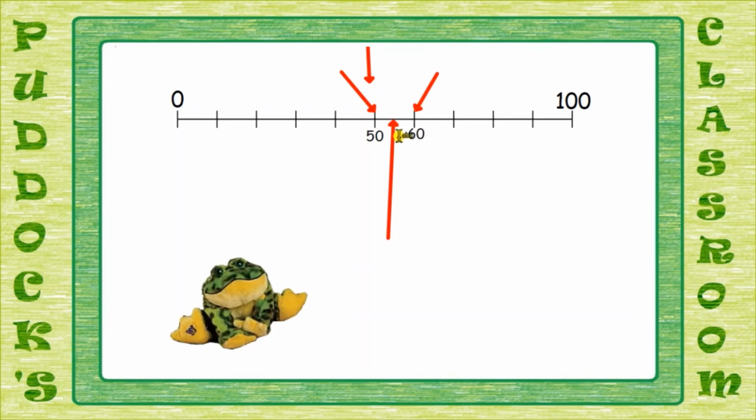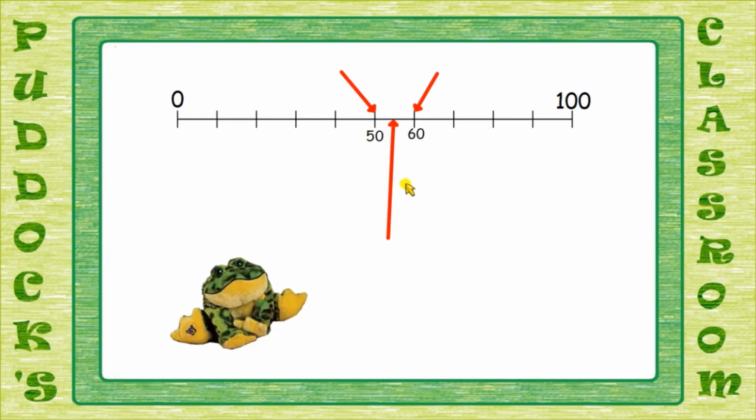Now our arrow that we're trying to work out is halfway between those two numbers. It's halfway between 50 and 60. So what could that be? Halfway between 50 and 60 is 55. So I would say that that number was 55.